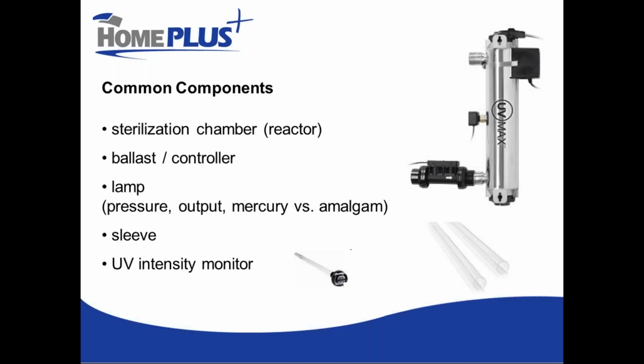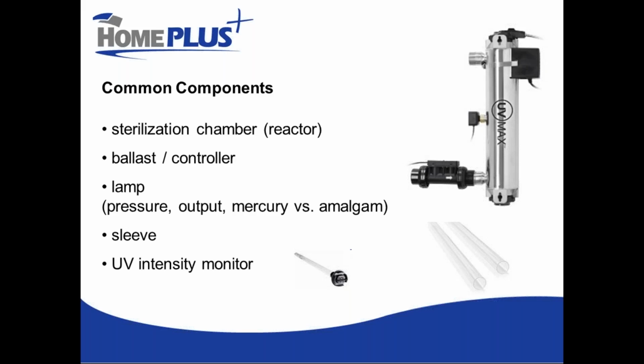So inside that sterilization chamber, there will be a UV lamp, and the UV lamp will be protected by a UV sleeve. In most systems, the water flows around the outside of this sleeve. The lamp is inside the sleeve, protected.